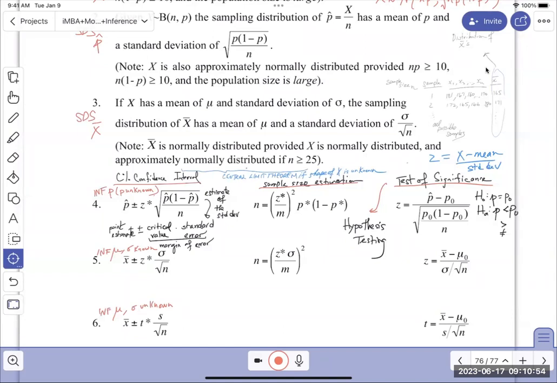I'm not going to test you on that, but I have those notes in your lecture notes. The one thing we will do is look at what's called a matched pairs t-test. That's the only other thing we're going to do in terms of preparing for the exam.